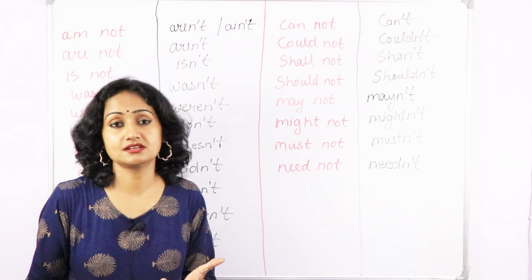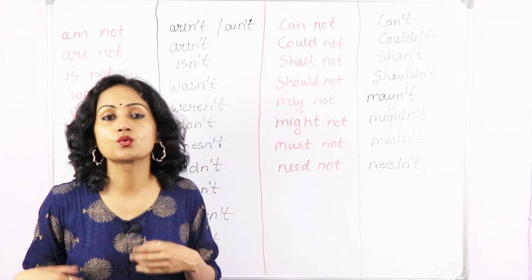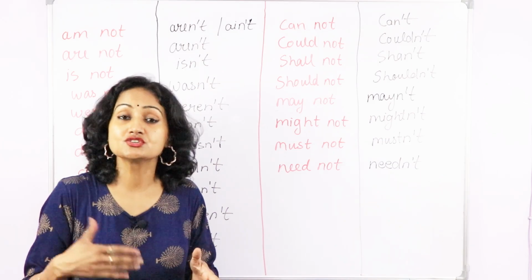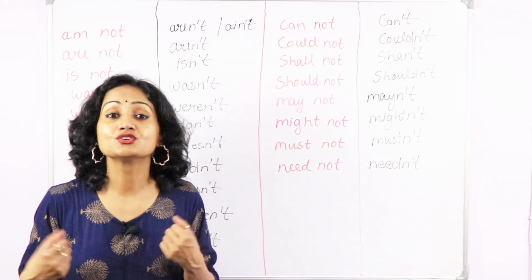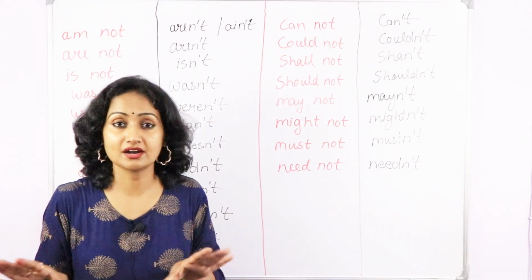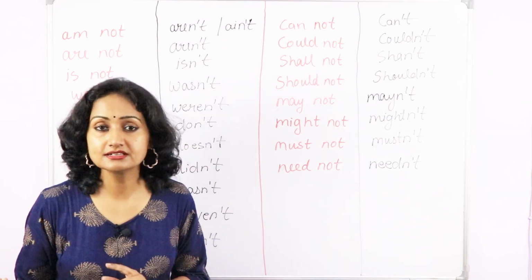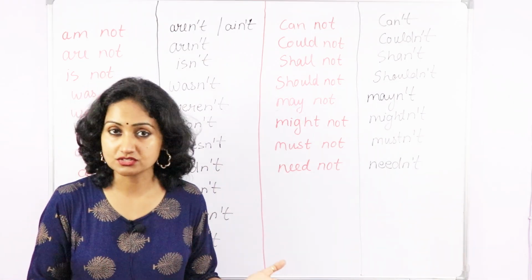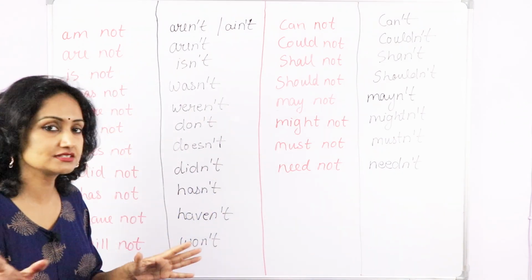In British, generally R is silent, like daughter, no R. In the same way, weren't in British has no R. So that's the difference.